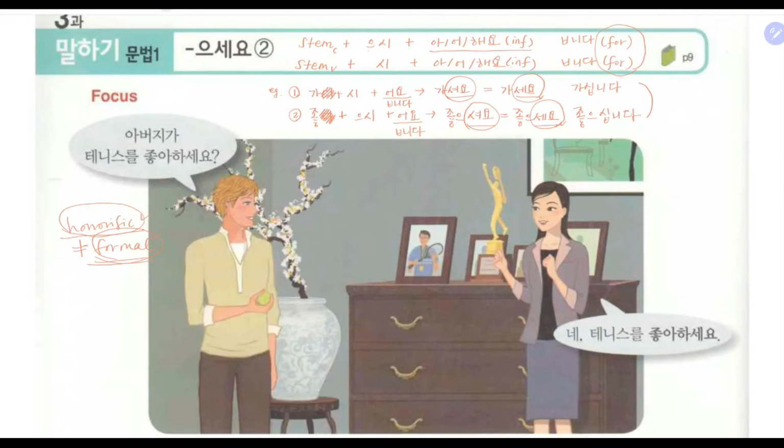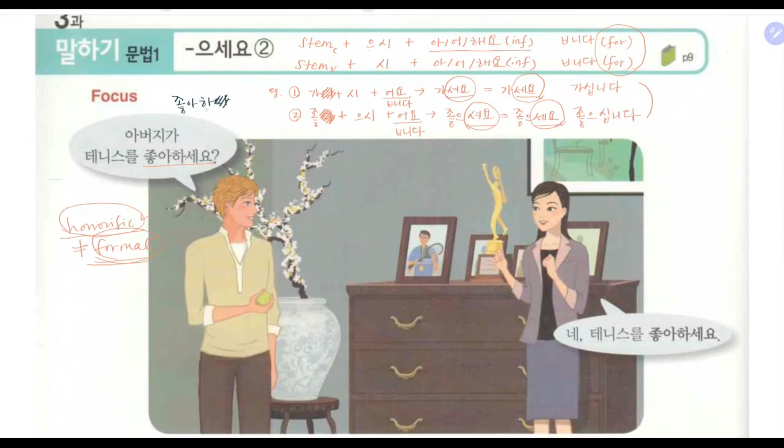자, 제가 읽을게요. 한번 따라하세요. Repeat after me, everyone. 아버지가 테니스를 좋아하세요? 네, 테니스를 좋아하세요. So, let's see the verb first. 좋아하세요. 베이스 폼 뭡니까? 좋아하다죠. 좋아하다.